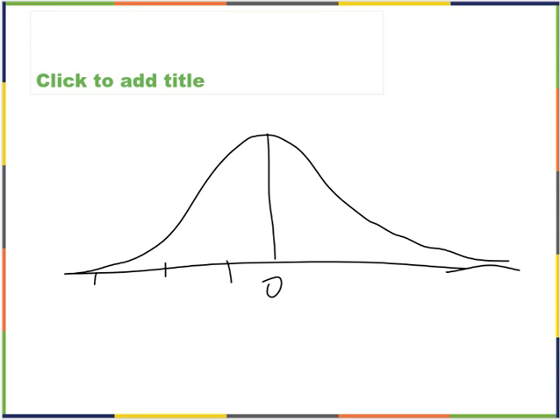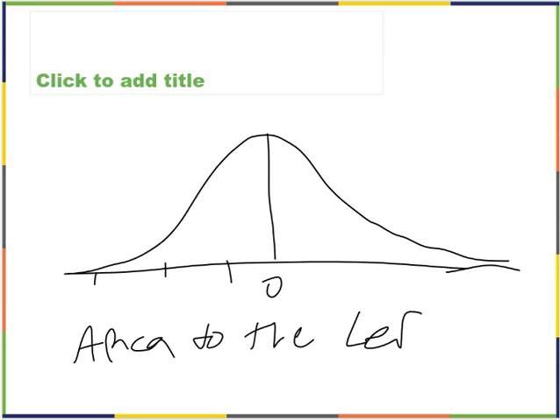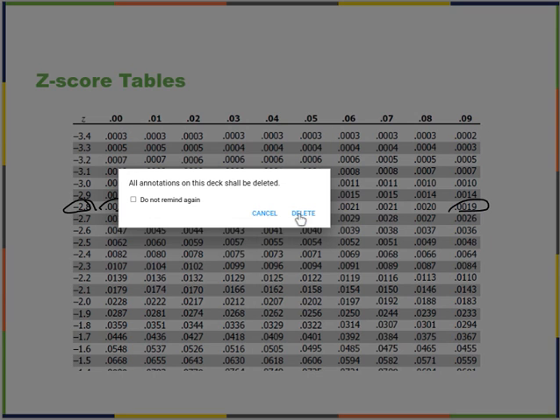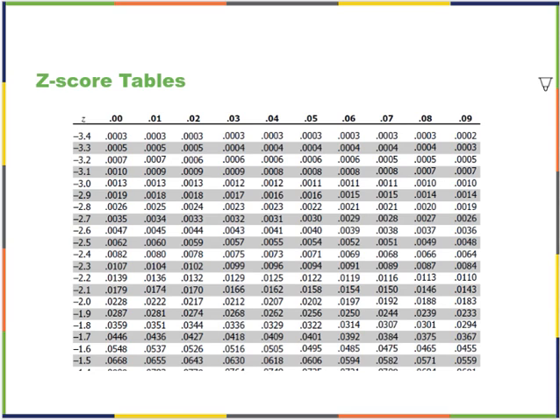And the z-score table gives you the area to the left. So what's the probability of being all the way over here? Really small, right? Well, let's go back, check the table. Sure enough, 0.0026. It is really, really rare that you have a score almost 3 standard deviations to the left of the mean.